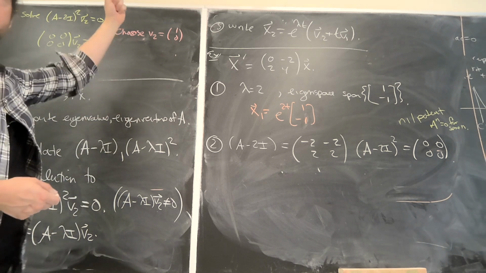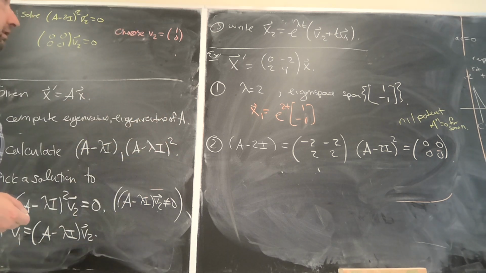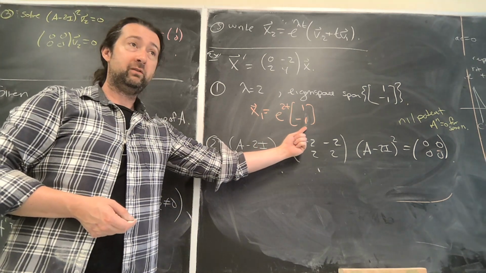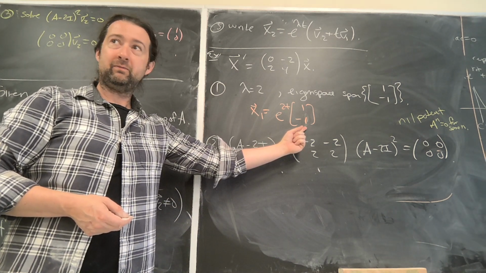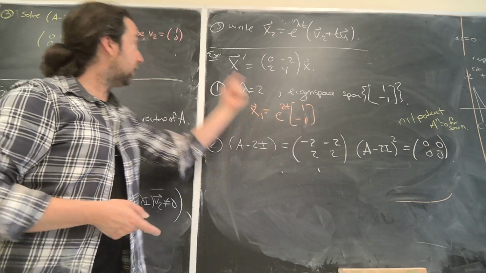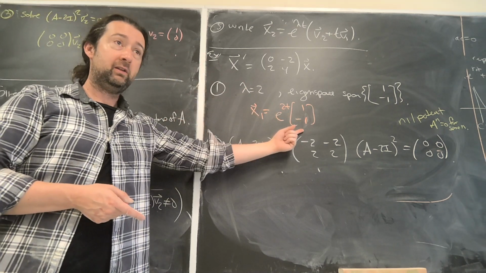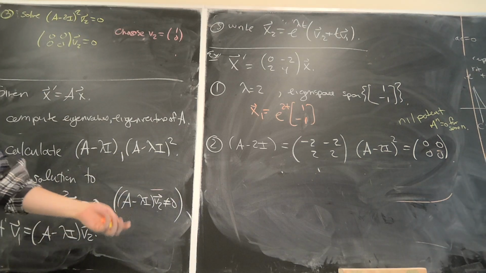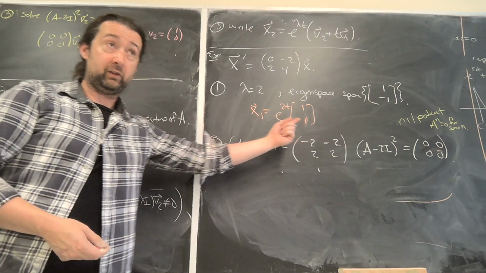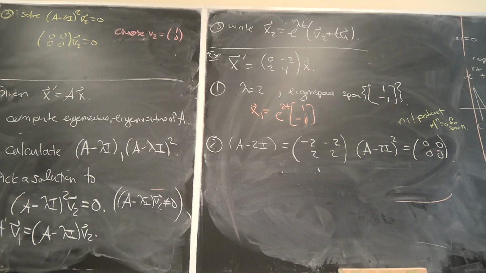Did I pick an eigenvector? How do you know? There's only one eigenvector, but how do I know that I didn't accidentally pick it? It's not a multiple of this, right? It can't be in the span of that eigenvector. I can't choose any multiple of (1, -1) here. So I'm going to pick a really easy vector, like (1, 0).